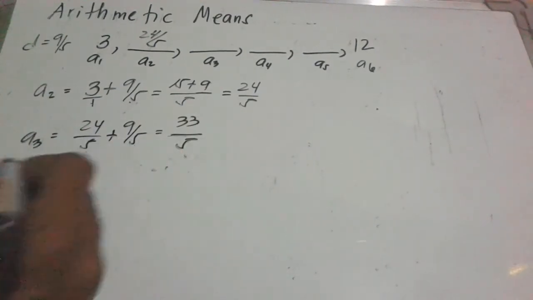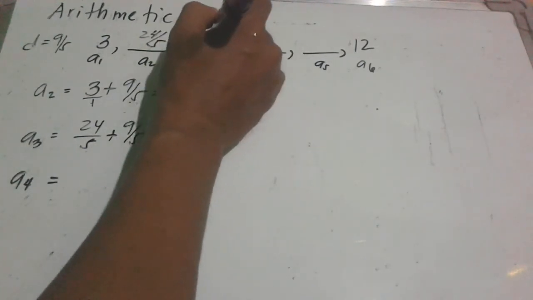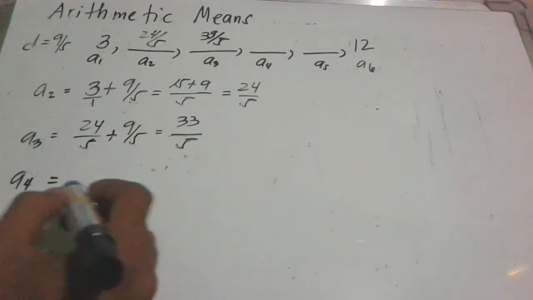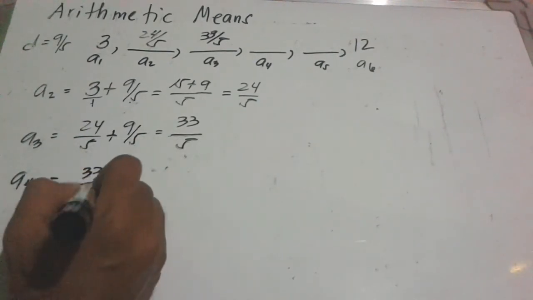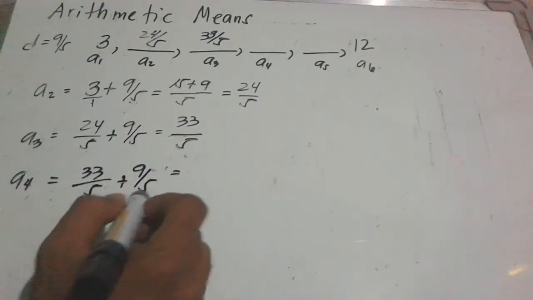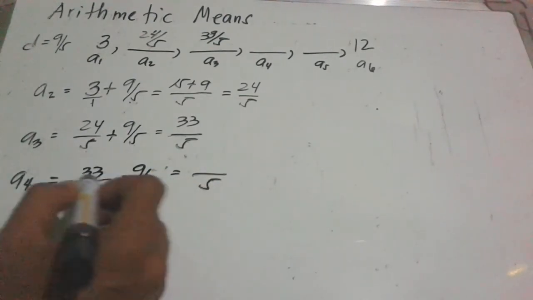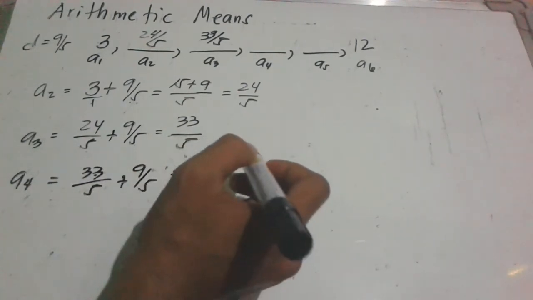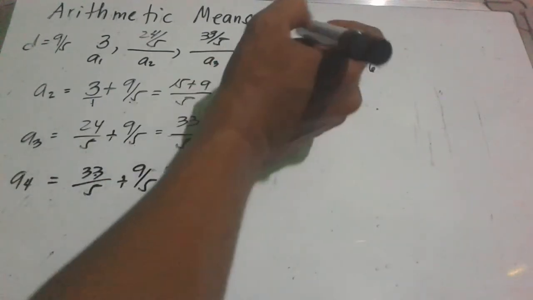Next, a sub 4. Our a sub 3 is 33 over 5 plus the common difference 9 over 5. Same denominator again, so copy 5. 33 plus 9 is 42. So, 42 over 5 is our a sub 4.